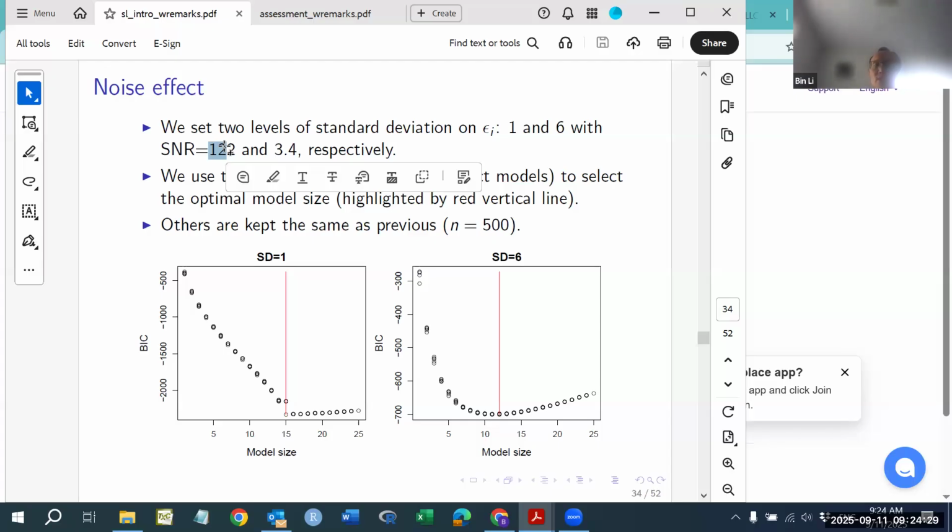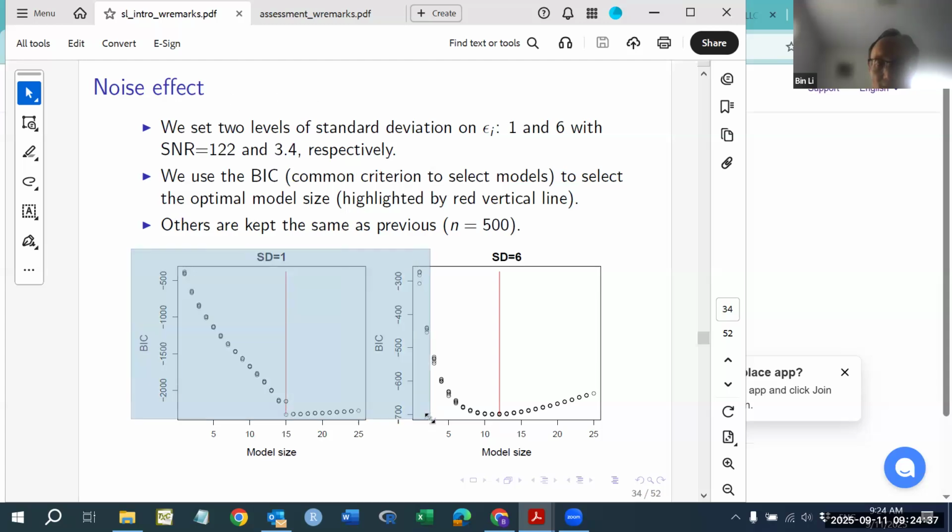So these are the SNRs for this study. Okay, so when the standard deviation is 1, that means we have a very high quality of data, and the SNR is 122. That means the signal magnitude is over 100 times larger than the magnitude of the noise variance level.